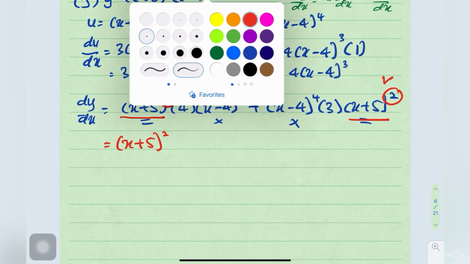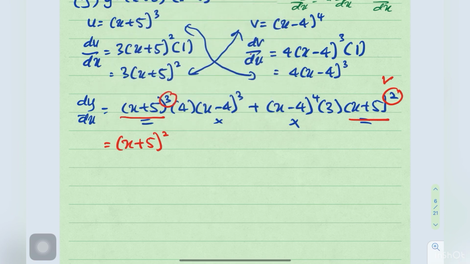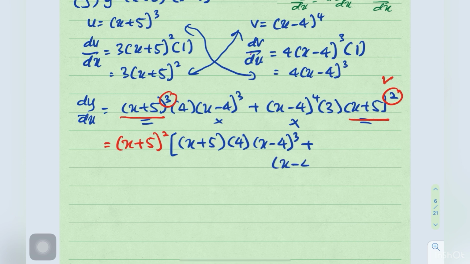So here I have in the bracket (x plus 5) times 4(x minus 4) cubed, plus (x minus 4) to the power of 4 times 3. Because this one we already move out.